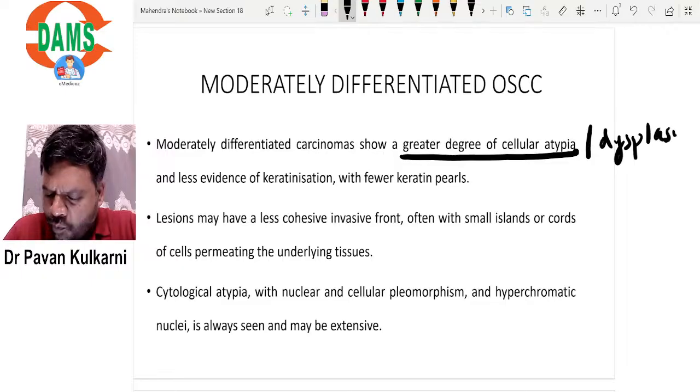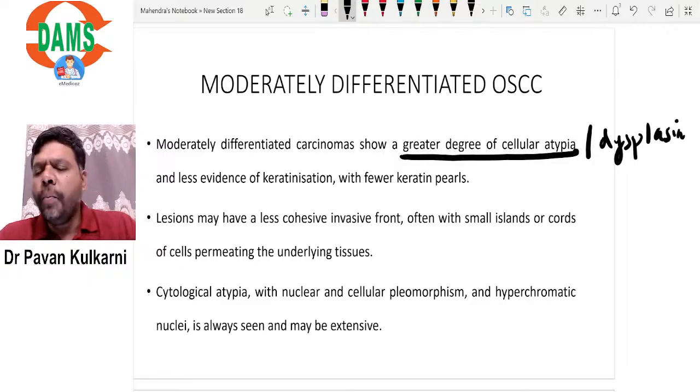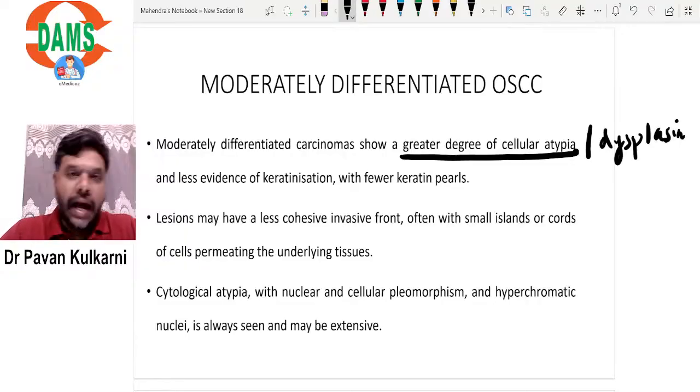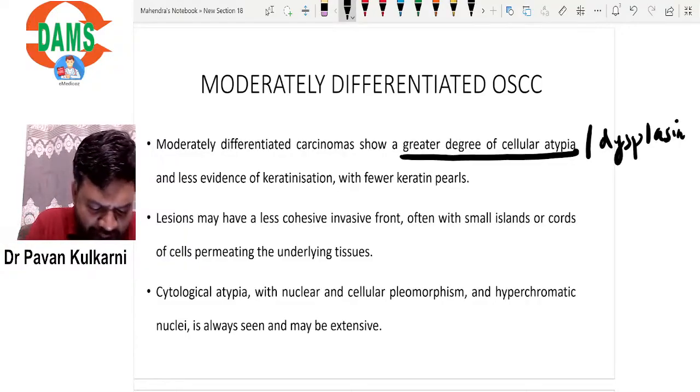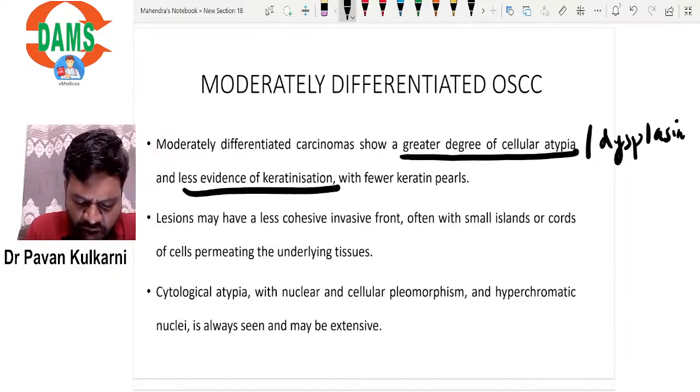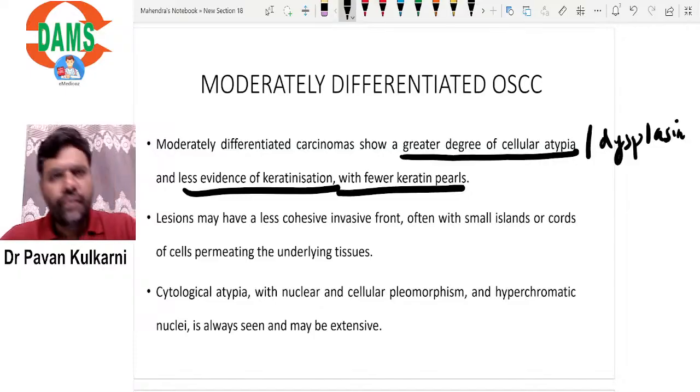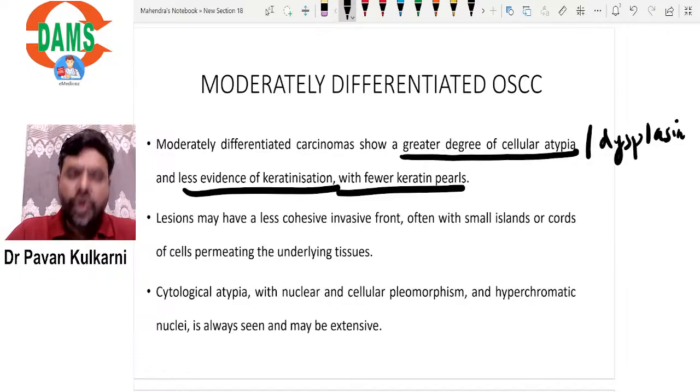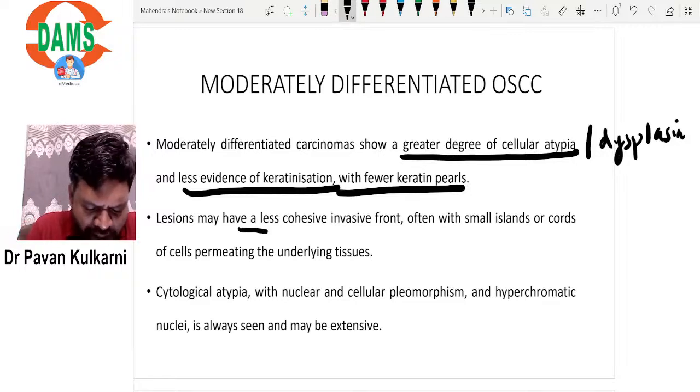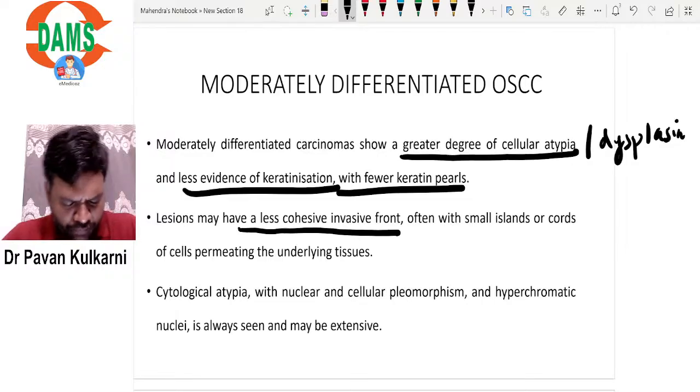Compared to the well differentiated, this will show more atypia and less evidence of keratinization. That means there will be very few keratin pearls. In moderate, compared to the well, it will have fewer keratin pearls, more dysplasia, and a less cohesive invasive front.